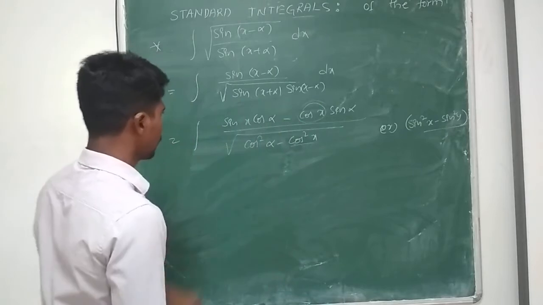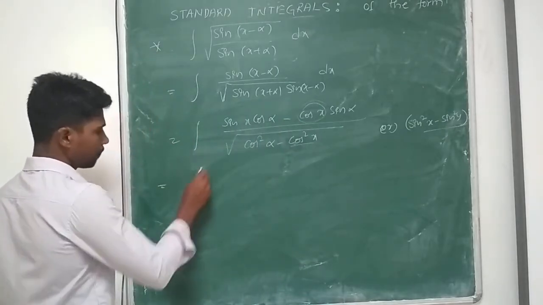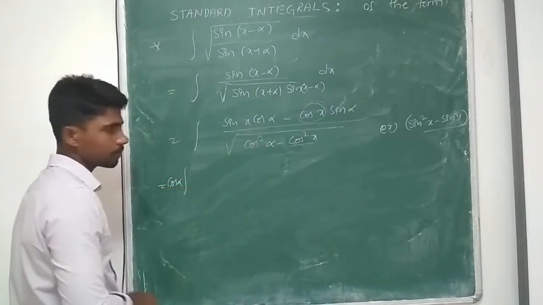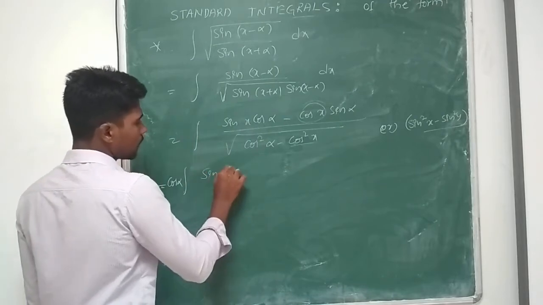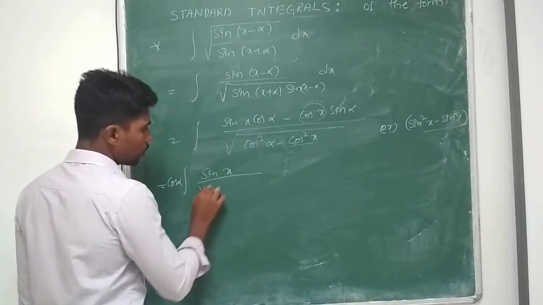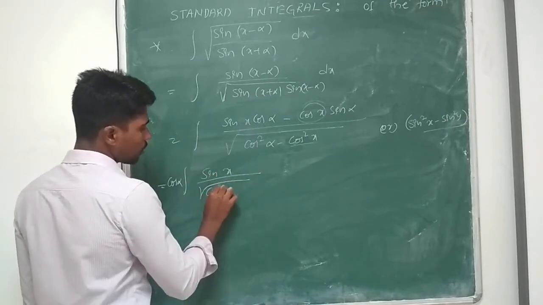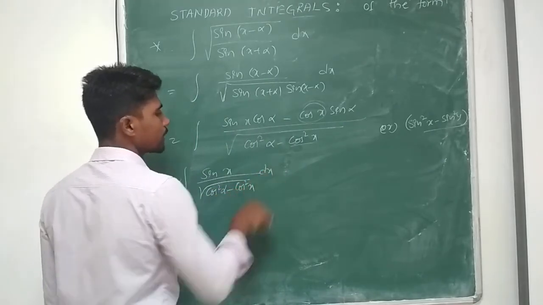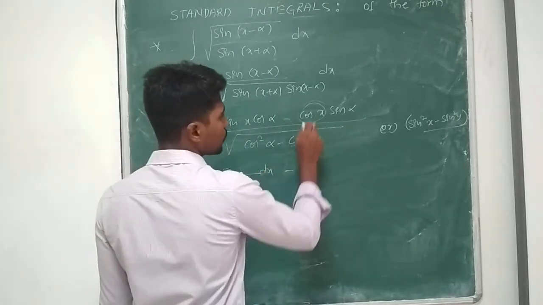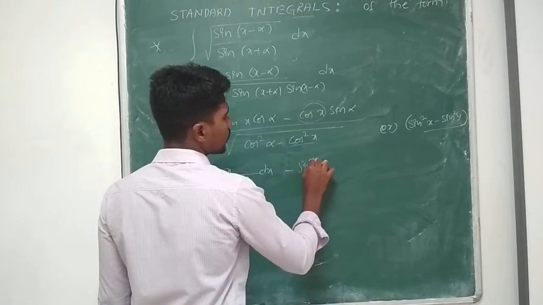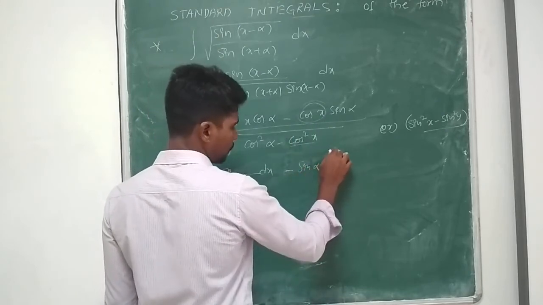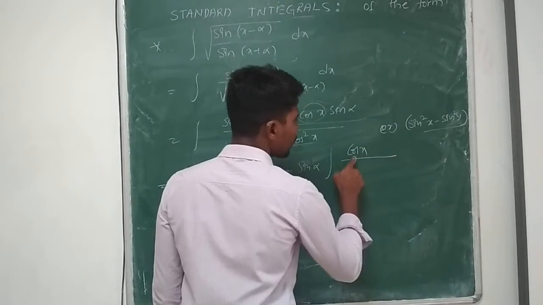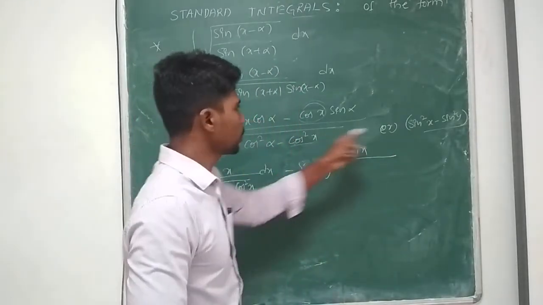Now I am going to split the integral. Cos alpha can be taken out: sin x by root of cos square alpha minus cos square x dx, minus sin alpha as a constant into cos x.